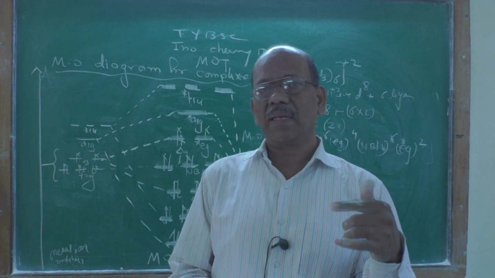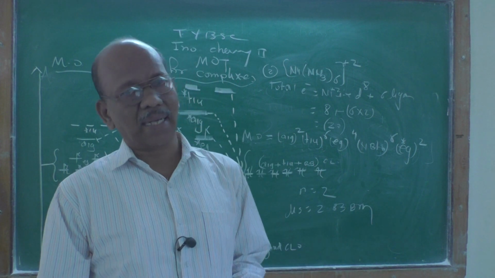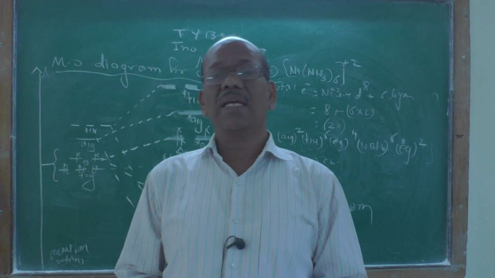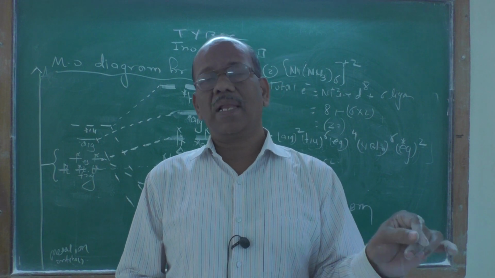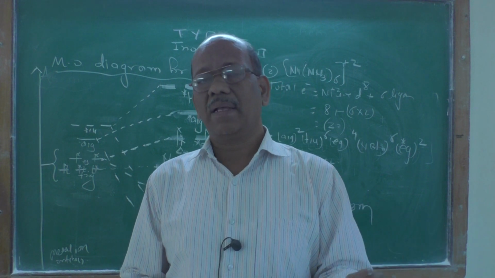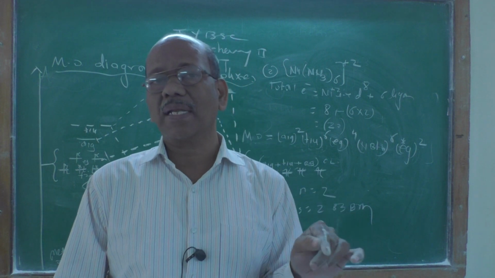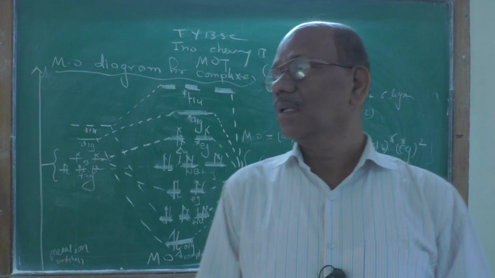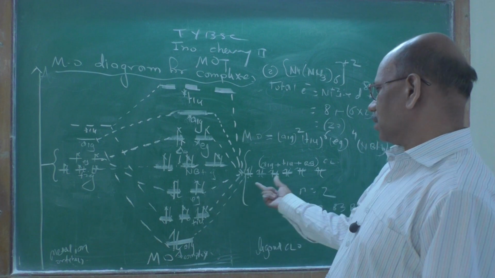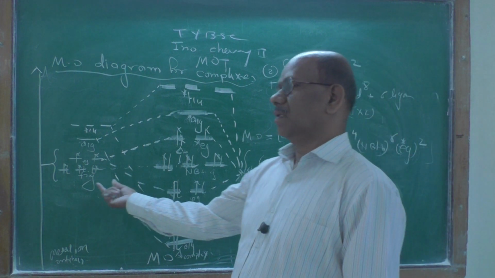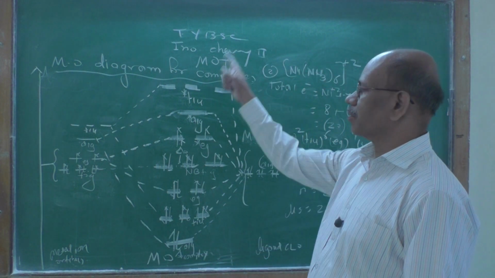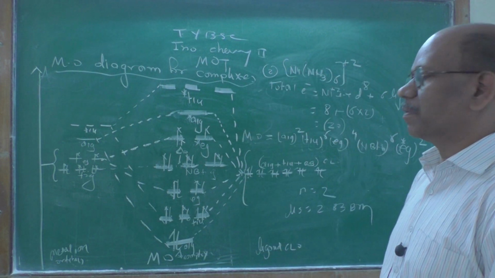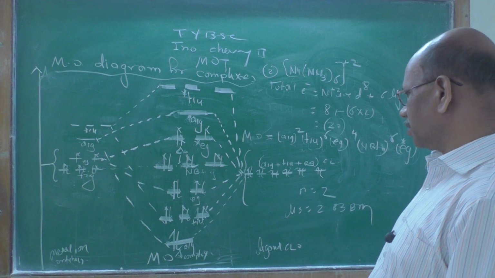Now hexaamminenickel(II) complex ion is a d8 system, Ni2+, d8. 12 electrons from ligand, so 8 plus 12 becomes 20 electrons. Here 12 electrons of ligand, then 8 electrons of metal, and we have to fill according to Hund's rule and Pauli's exclusion principle.